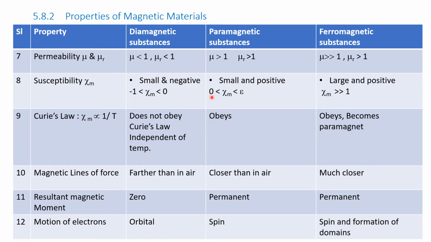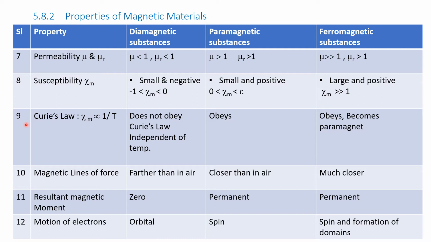Whereas in the case of paramagnetic substances, it is small, between 0 and epsilon. Whereas in the case of ferromagnetic substances, the susceptibility constant Xi m is far greater than 1. That is, it is large and positive.